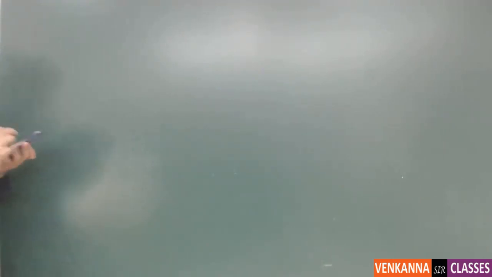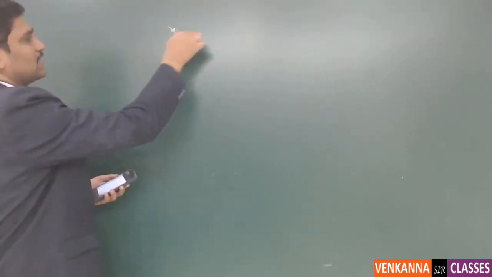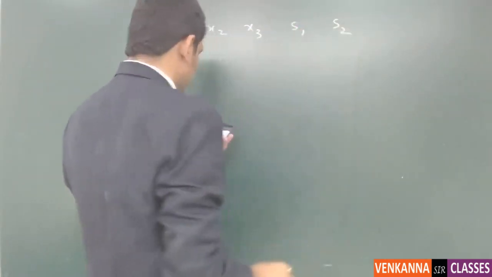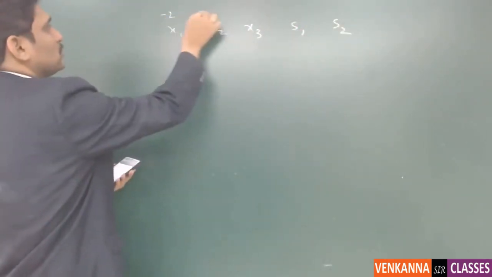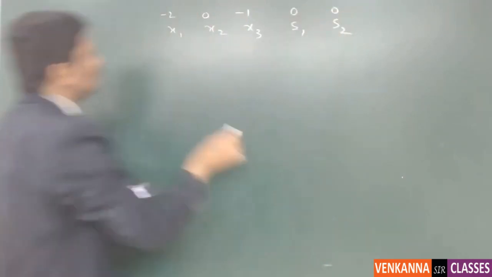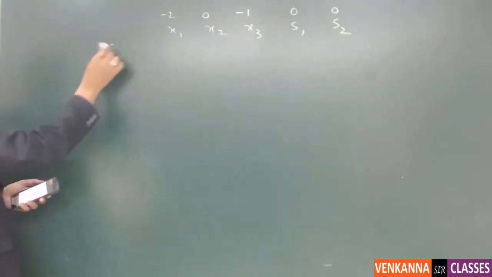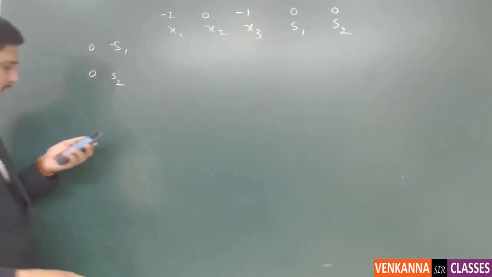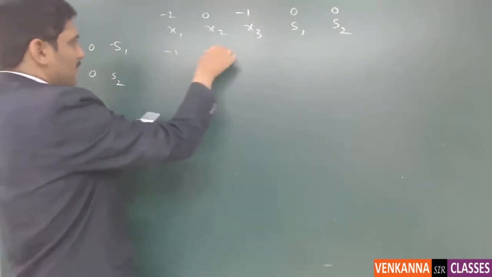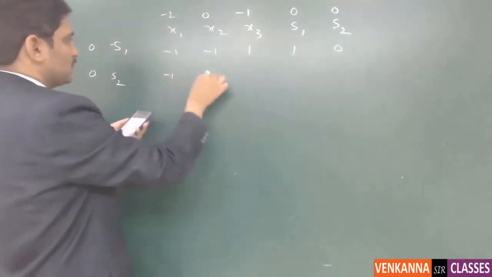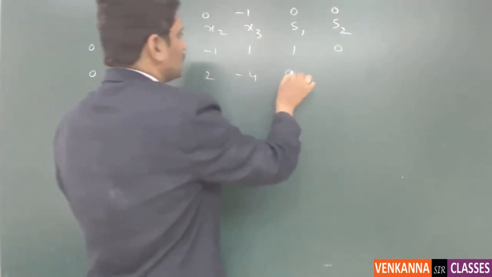Just hold on a second, I will write that. X1, X2, X3, S1, S2. The values are -2, 0, -1, 0, 0. S1 and S2 with 0, 0. So -1, -1, 1, 1, 0. Then you have -1, 2, -4, 0, 1.